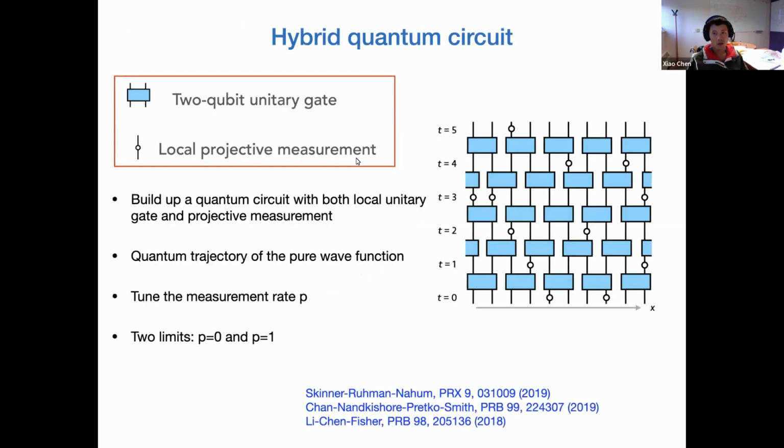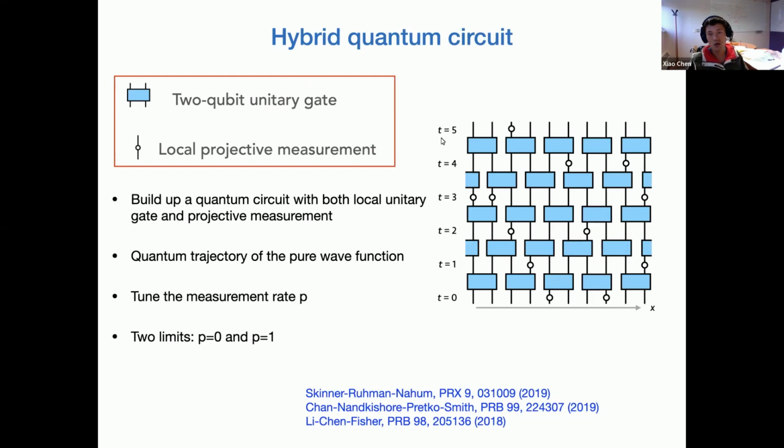A way to understand this monitored quantum dynamics is to introduce a quantum circuit model. The toy model is called a hybrid quantum circuit. Different from the unitary case, we now have measurement gates. The unitary part is still composed of two-qubit gates.